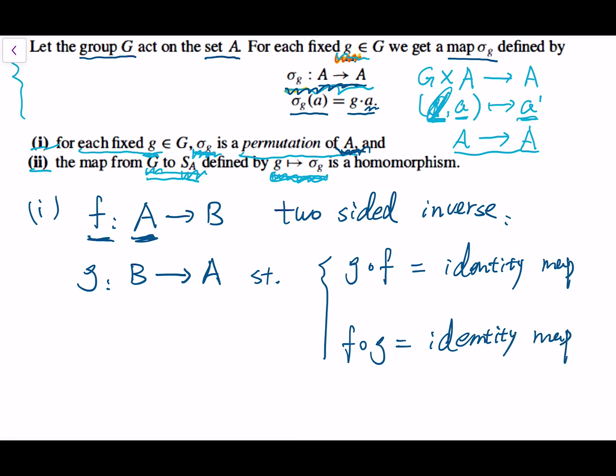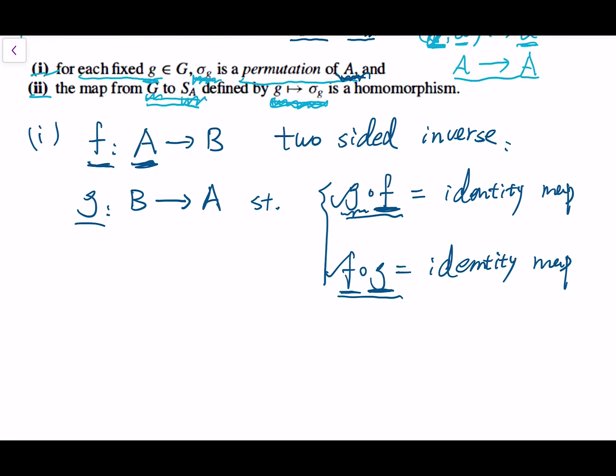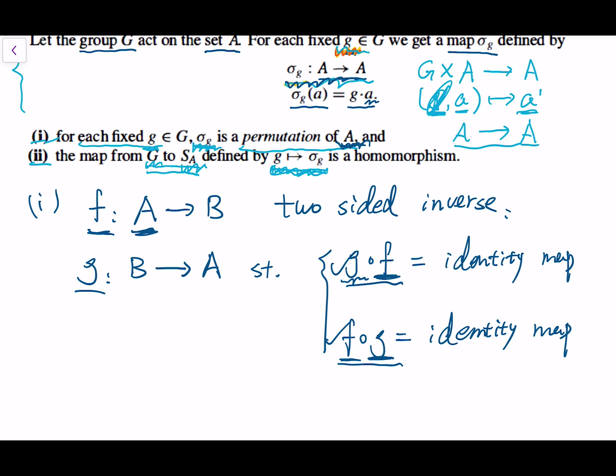The first one shows that the map g is the left inverse of the map f, and the second case shows that g is the right inverse of f. So if g is both the left and the right inverse of f, then g is the two-sided inverse. Okay, so let's prove that there is a two-sided inverse for this sigma g.